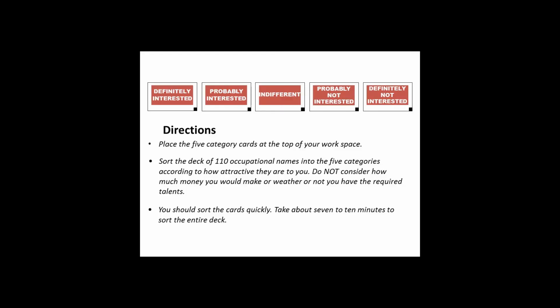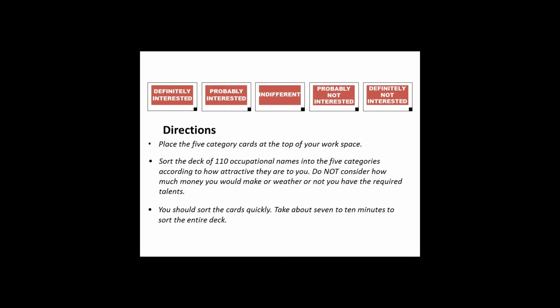First of all, I give the client a 5-point scale from definitely interested to probably interested to indifferent to probably not interested, and definitely not interested. And then the directions are, I ask them to place the 5 category cards at the top of their workspace.